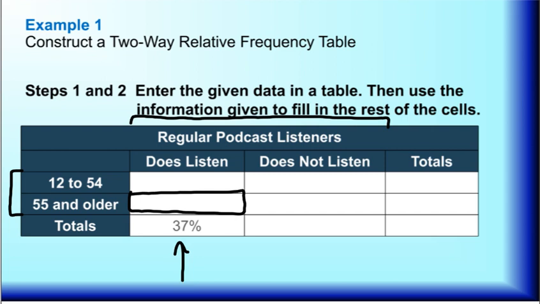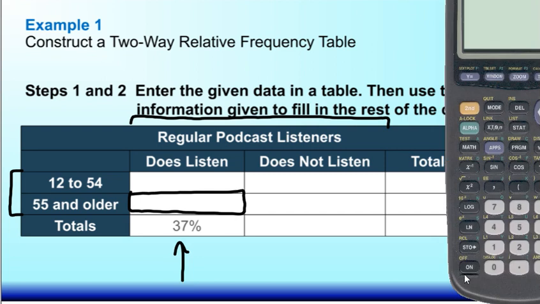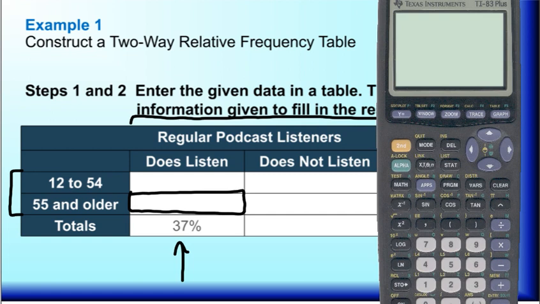So to find that, we're going to take our calculator. And we're going to go 37%, so 0.37. Then we're going to multiply that by 0.2, so 20% of 37%. And then we multiply that by 100. And that will give us 7.4%.